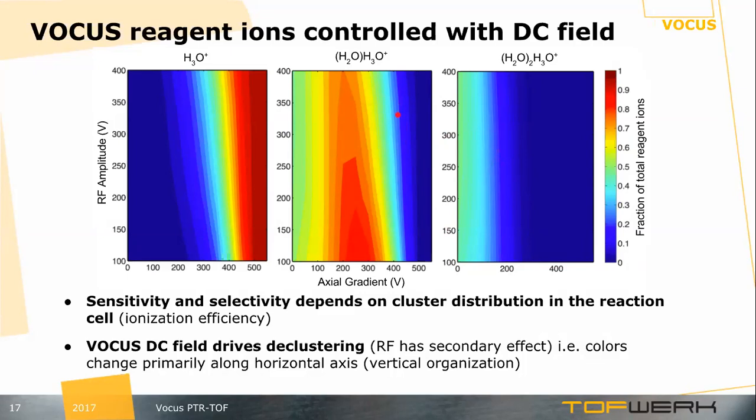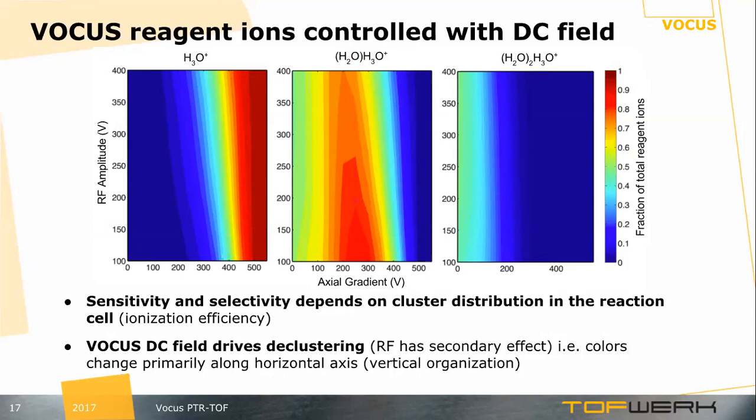So on the y-axis is the RF amplitude. So this is kind of the superimposed focusing field. And on the x-axis is the DC field, so the traditional axial field, which accelerates ions down the tube. And the point of this graph is that most of these colors are aligned in the vertical. So if I look at H3O+, these are basically vertical lines with some little bit of slope. And same in the first water cluster, they're mostly organized along the vertical.